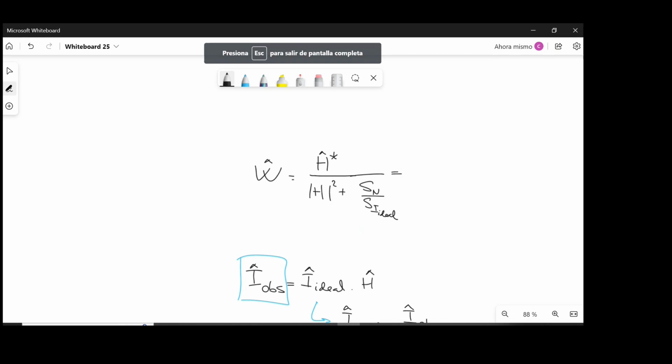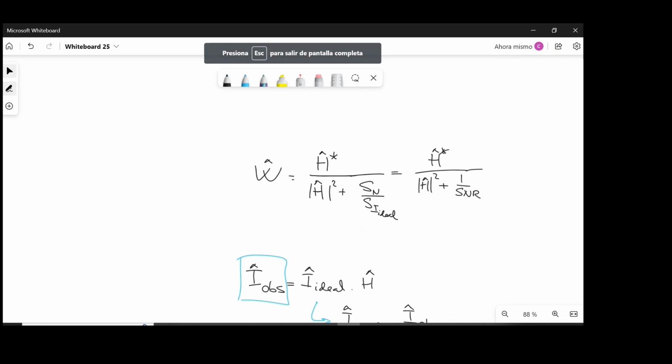This is also 1 over H times the squared magnitude of H divided by the squared magnitude of H plus 1 over the signal to noise ratio.